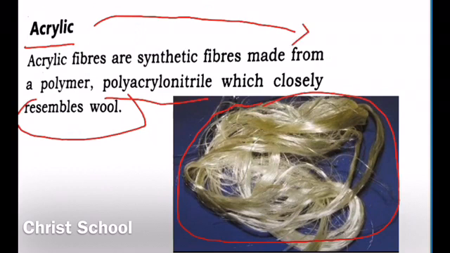So similar to wool, acrylic fibers look like wool. At the same time, acrylic fibers are warm. So acrylic fibers are synthetic fibers obtained from chemicals, but their properties are almost similar to that of wool. Therefore, that's why acrylic fibers closely resemble wool.